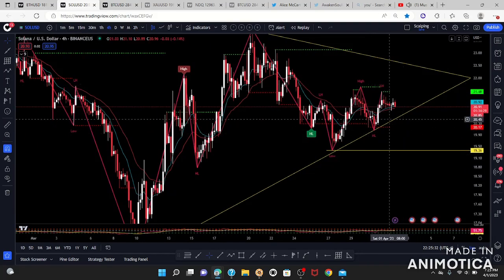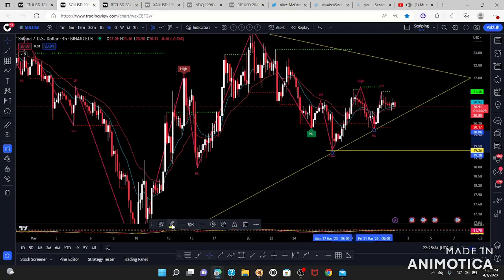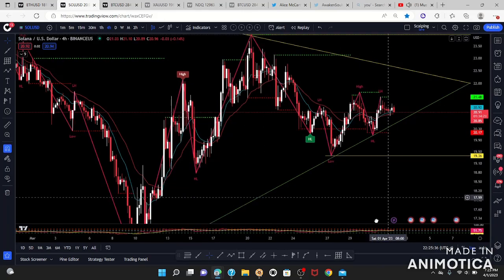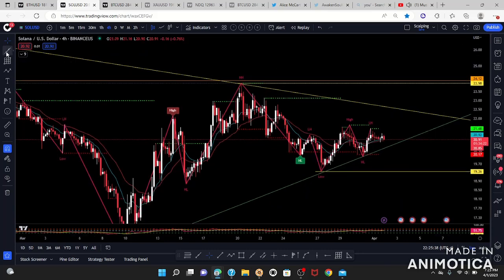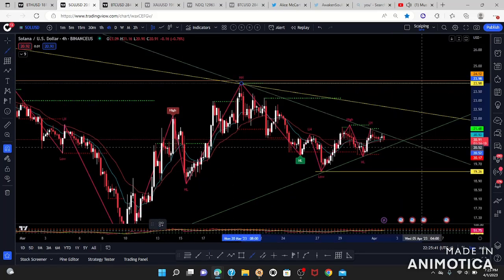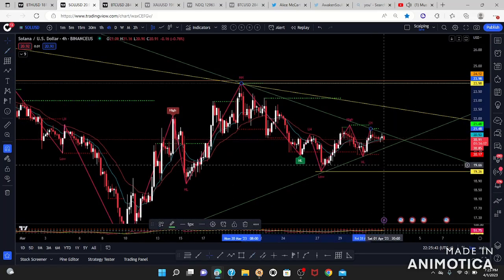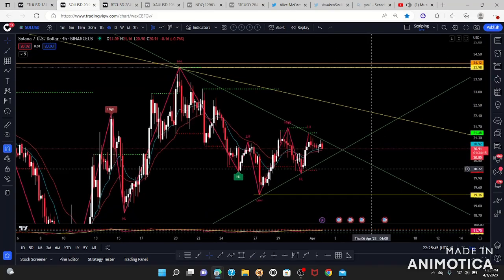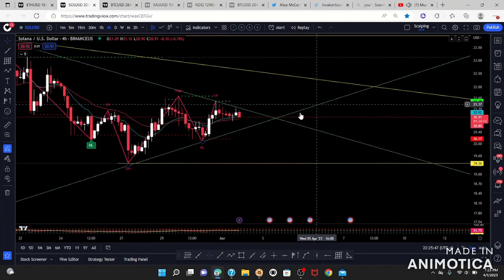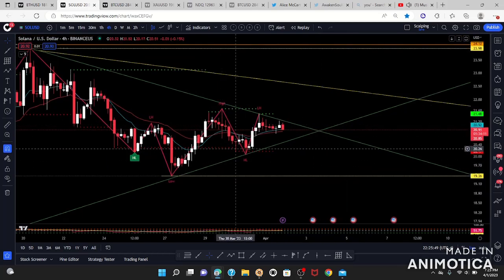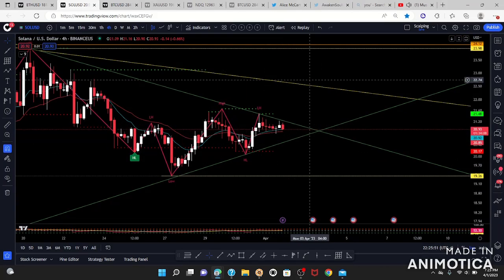Okay, 4 hours are green trend lines. So I set green trend line, green trend line right here. Okay, this is beautiful. This is gonna give us our next play just based on this price action coiling up. It's gonna make a move to the upside or to the downside, right?